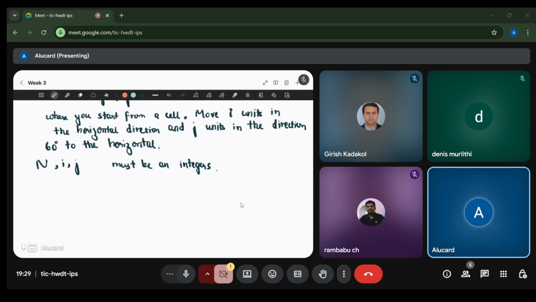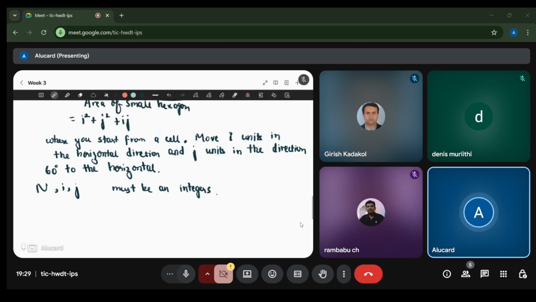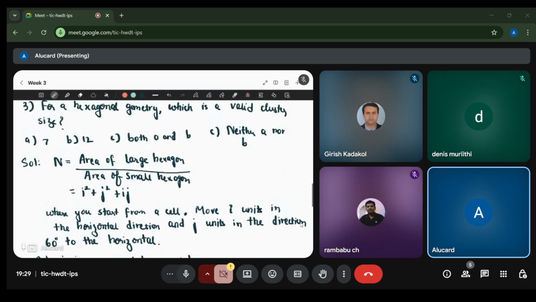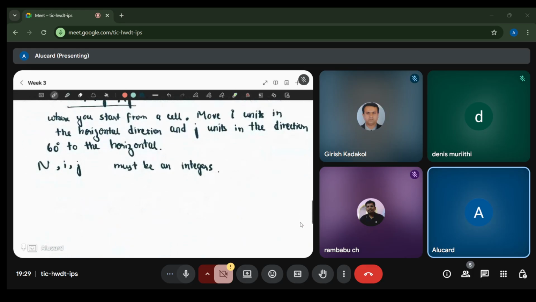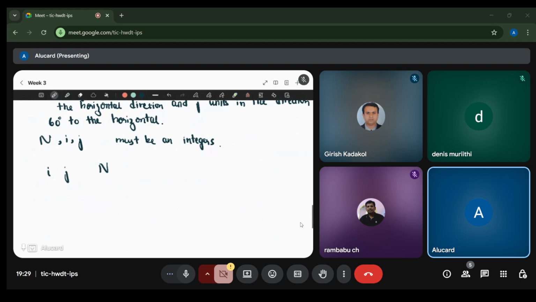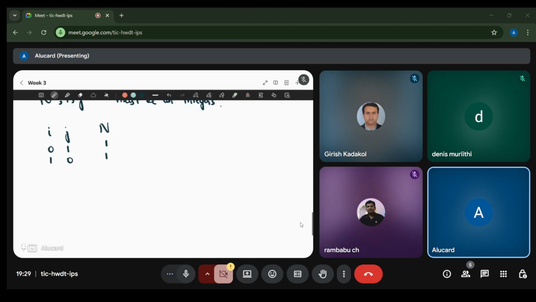So you substitute different values of i and j and find out if you can express 7 or 12 as a number of this form for different values of i and j. So you can make a table. 0, 1 or 1, 0 give a 1. That's trivial. We can have 1, 1, that will give you 3.